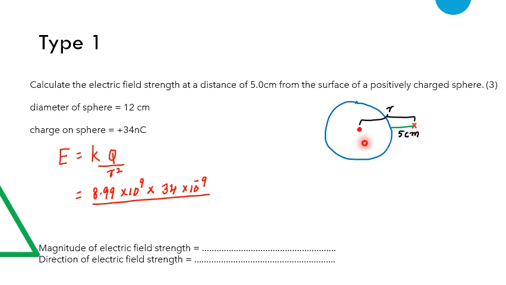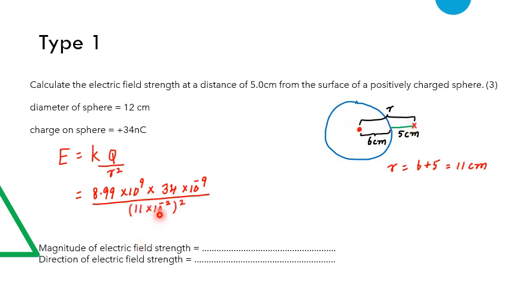In order to calculate r, we can use this information. They gave the diameter of the sphere, which is 12 centimeters, so its radius is 6 centimeters. By adding 6 and 5, you get 11 centimeters, which is the distance from the center of the sphere to the point.